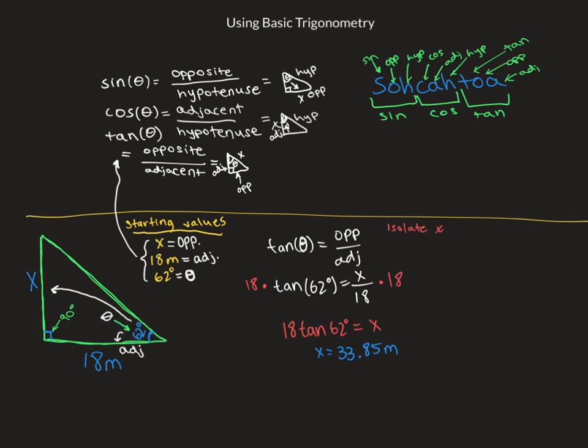Then, given the values that we have here, we have opposites, so that fits in with sine and tan, and then we have adjacent, which fits in with tan, so we know that we have to use tan here. And then we just write our tan equation, plug in our values, isolate x, and then plug it into your calculator until you get your final solution. So that is how you solve for x using basic trigonometry.